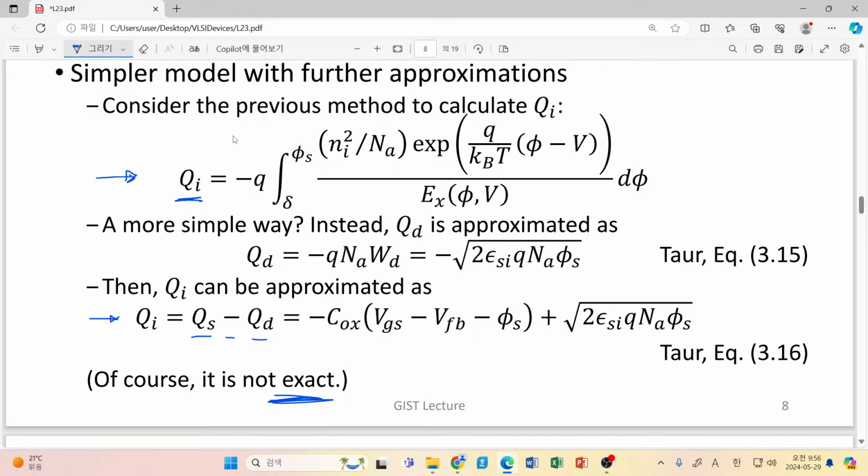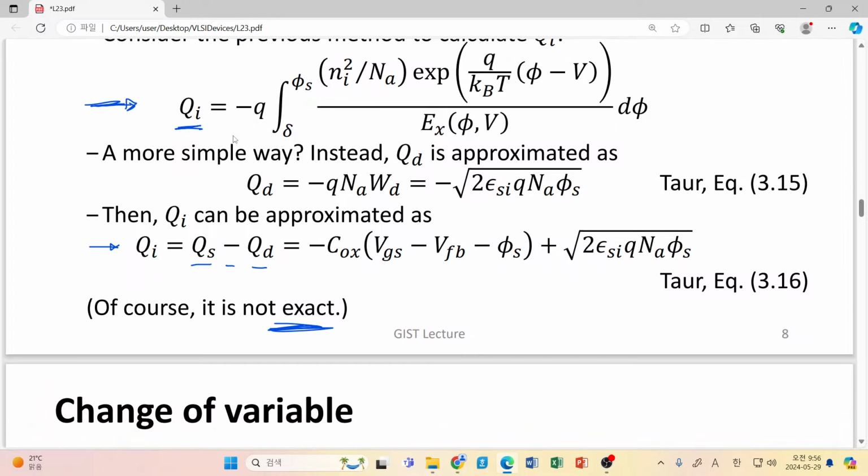QS, the semiconductor charge, has two components: one is inversion charge and one is depletion charge. However, in this upper part, we try to calculate QI itself accurately. But in this equation 3.16, the charge sheet approximation, please understand that our QS itself is exact.